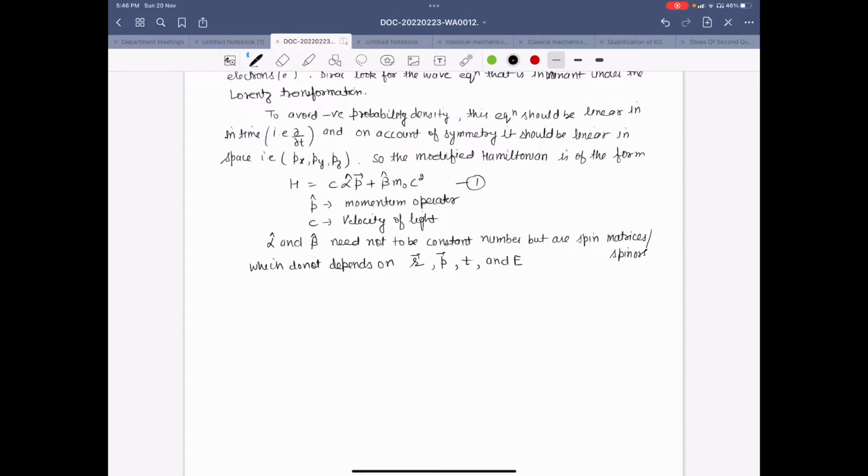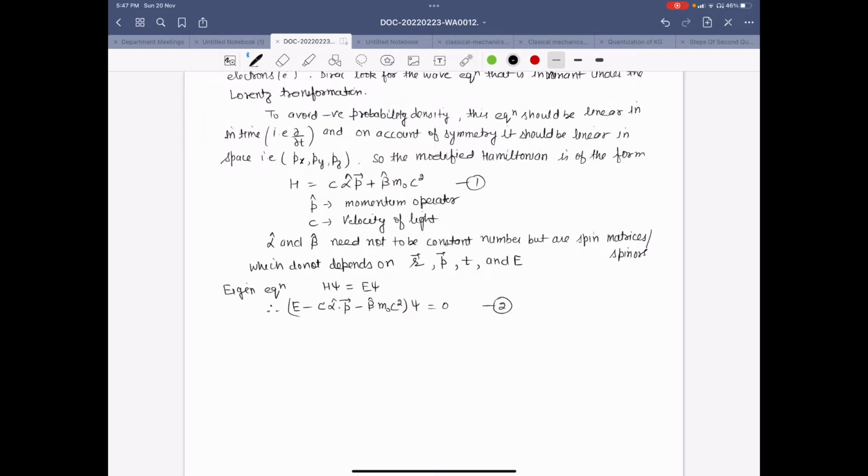So our eigenequation is, we usually know, H psi is equal to E psi. So in this way, what we will get, hence E minus C alpha P minus beta m naught c square psi is equal to 0. This is your equation number 2.